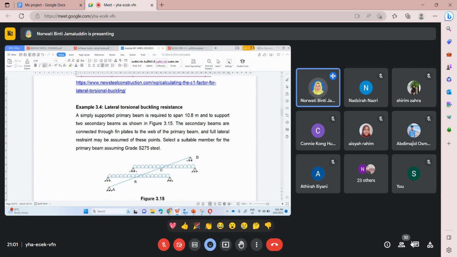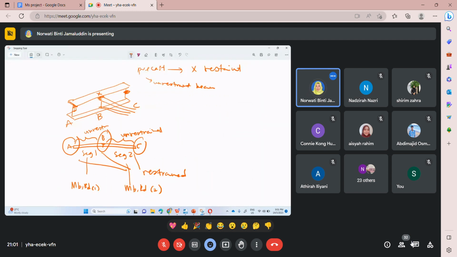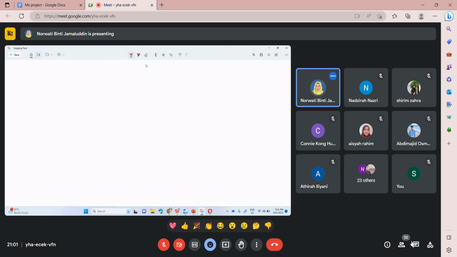Another information that we have: it is a simply supported beam, meaning simple support with simple connection, of course.